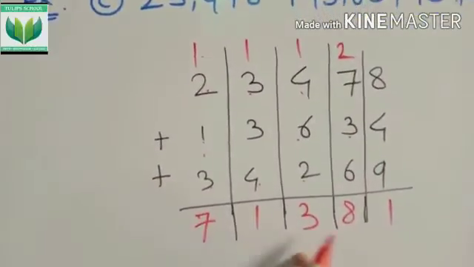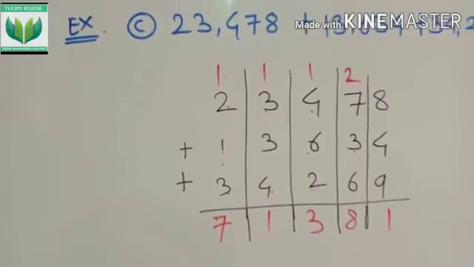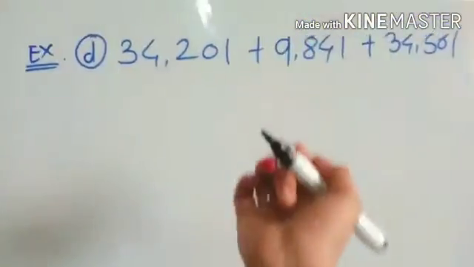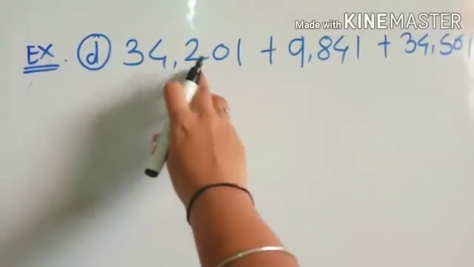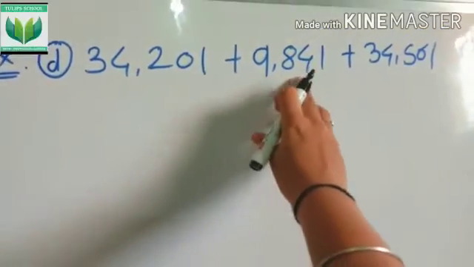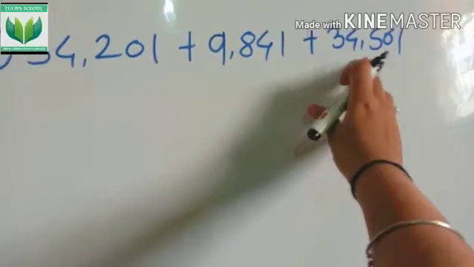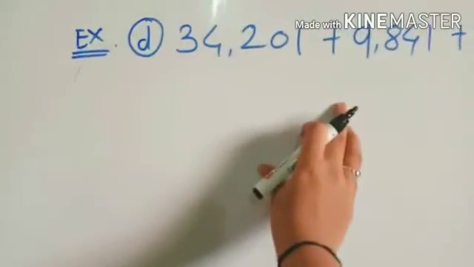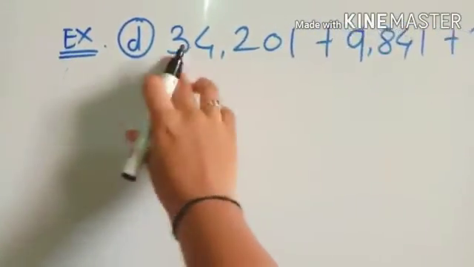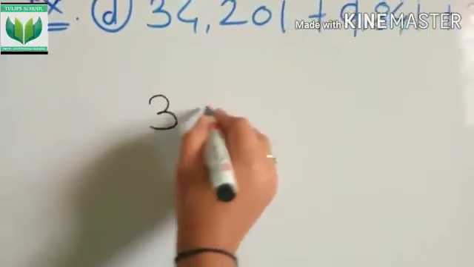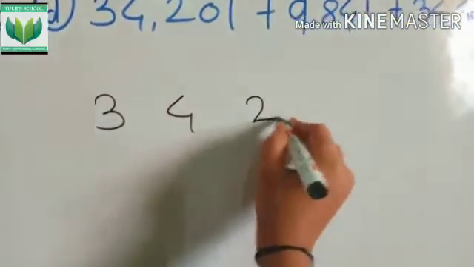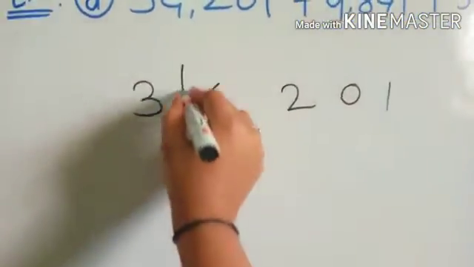So now let's see another example. First of all we have to arrange here 34,201, 9,841, 34,561. Okay, first we have to write the first 5-digit number, 34,201.